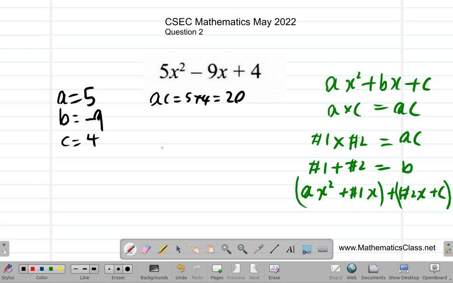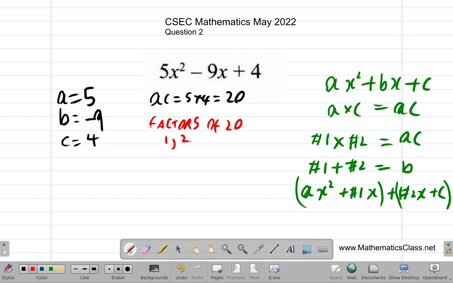But anyway, let us go through it. You want two numbers that multiply to give you 20 and add to give you negative 9. So, in other words, you want factors of 20. You could get it quickly, but let us see some factors of 20.